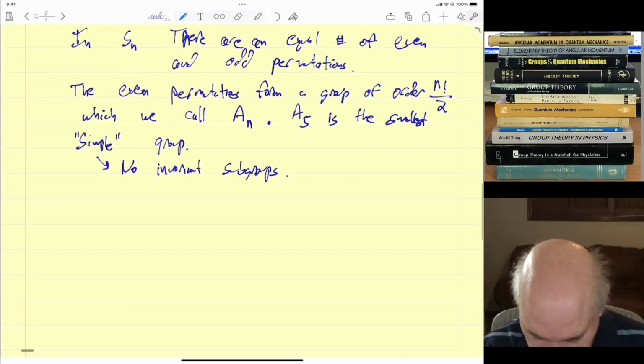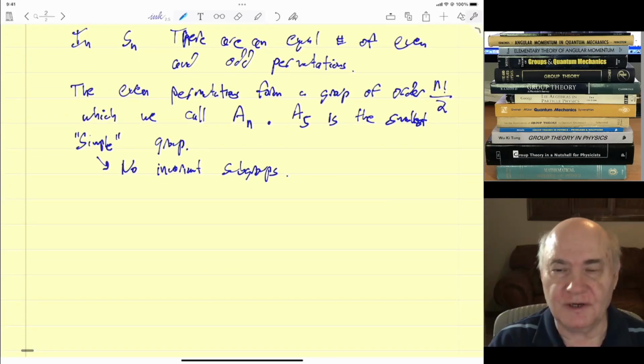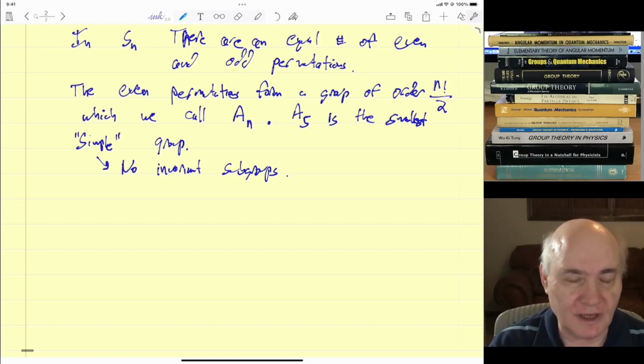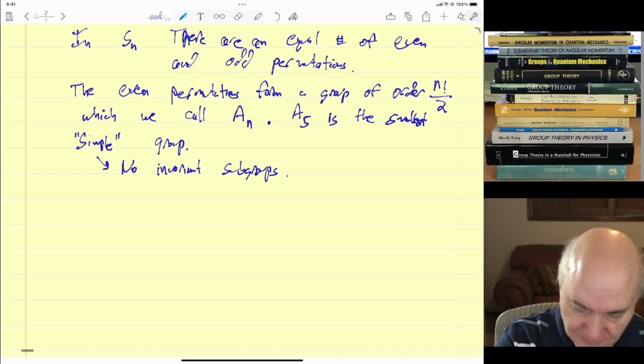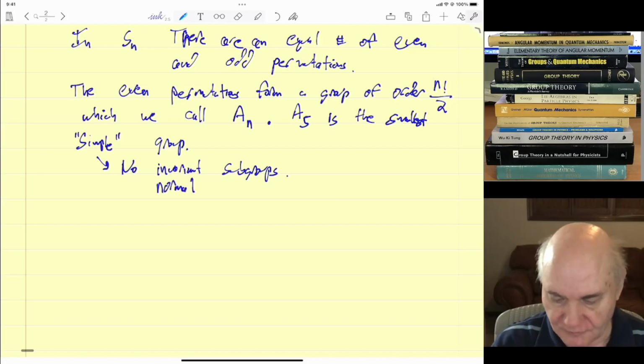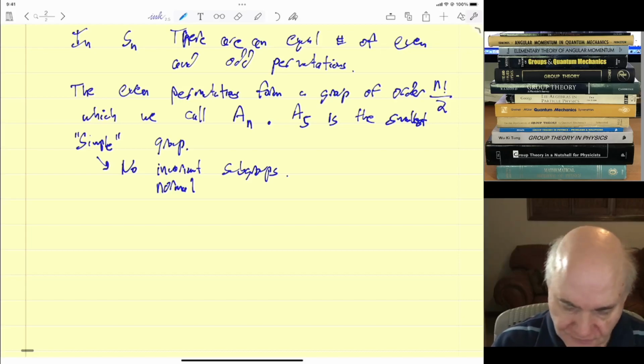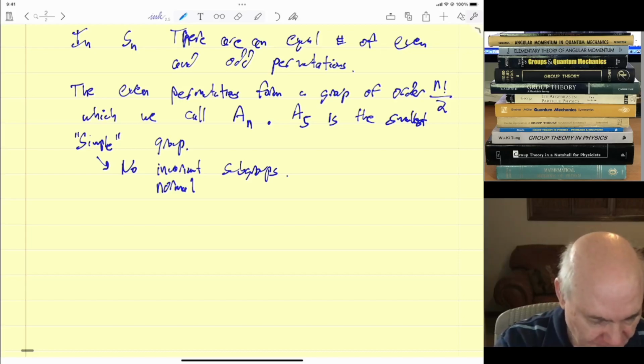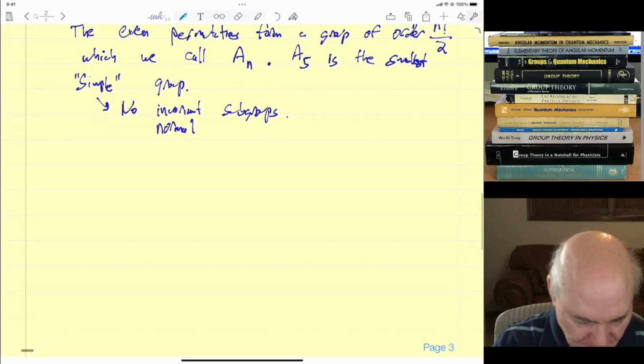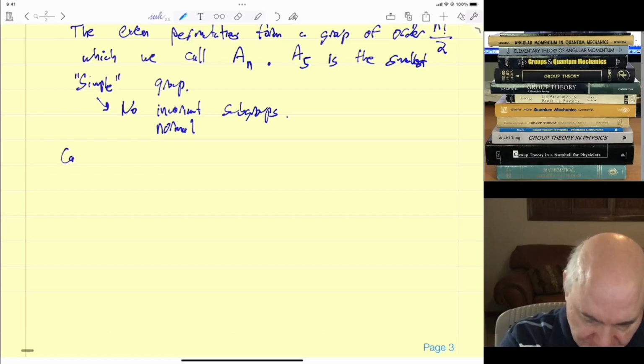So it has subgroups, but it doesn't have any invariant ones. And some of you may know that to factor a group, the factor theorem says that you have to factor by what's called an invariant subgroup. Sometimes in algebra books this is referred to as a normal subgroup. So A5 is the smallest simple group. Now, before I get too far, I want to mention Cayley's theorem.